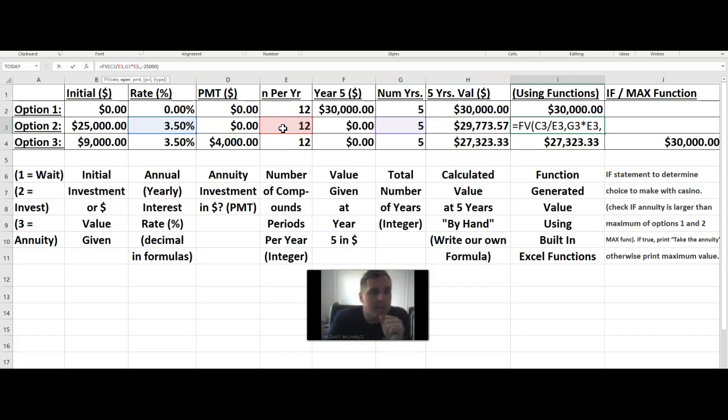Now notice we're leaving the next item blank. We're leaving it blank because we're not making any payments. We just made one initial payment and we just let it make money. Now notice for PV, that's the so-called present value. Notice that I did negative 25,000 because that's the opposite of this option 1 initial investment. Because if I didn't change that, it would not give me the correct value.